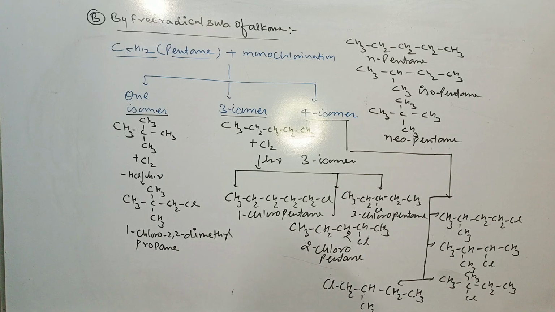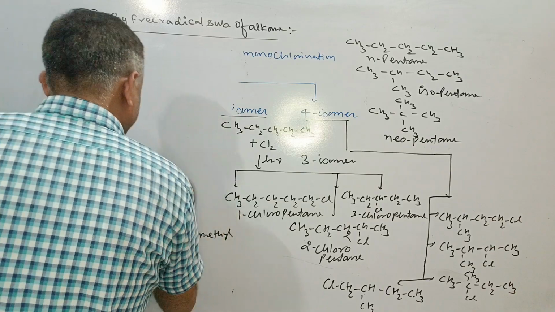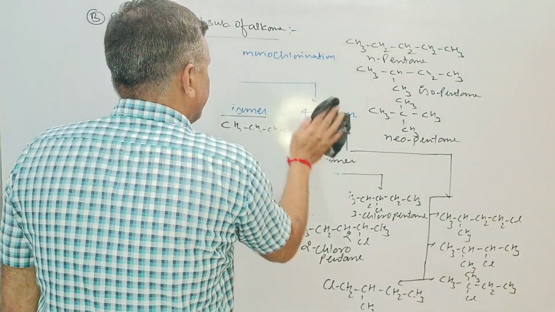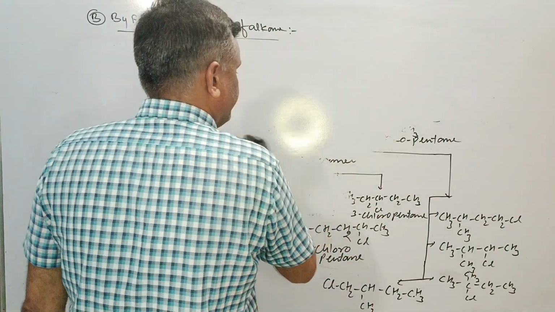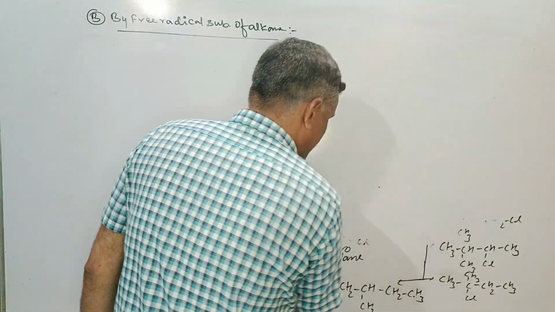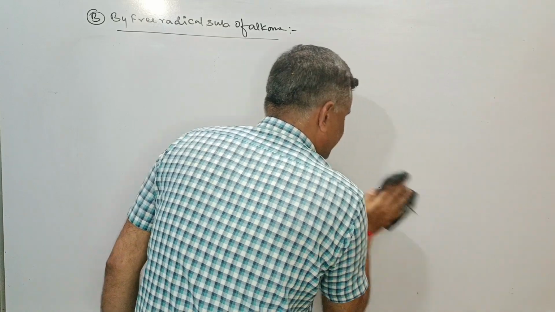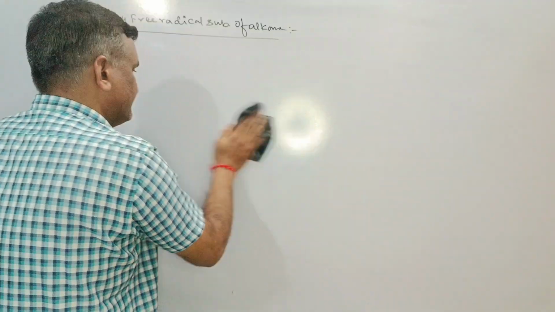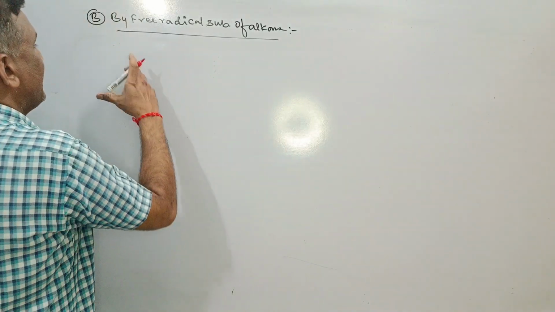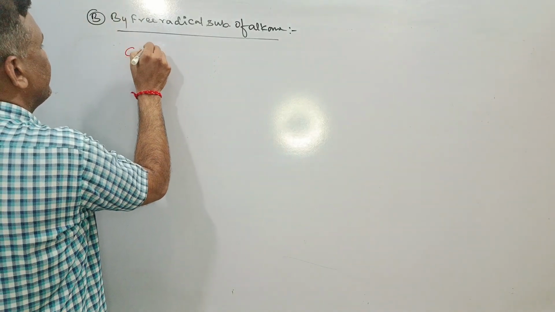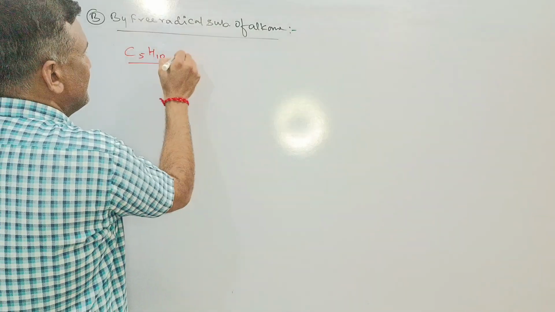Now I would like to go with another example. Listen to me carefully. That is too important. It is another question for the CBSE or NCERT book. There is a hydrocarbon having the formula C5H10.